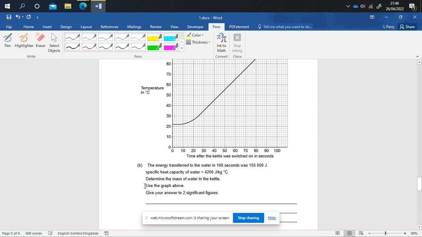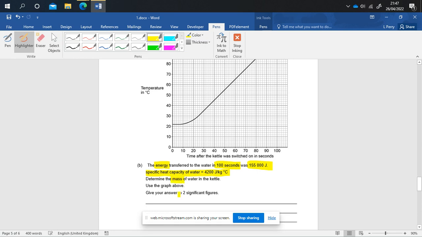We are told to use the graph, so I'm thinking I'm going to need to get some numbers off it. But let's look at what we've got. If I just highlight what we've got, we're given an energy. There's the energy we're given. We're given a time. We're given specific heat capacity.